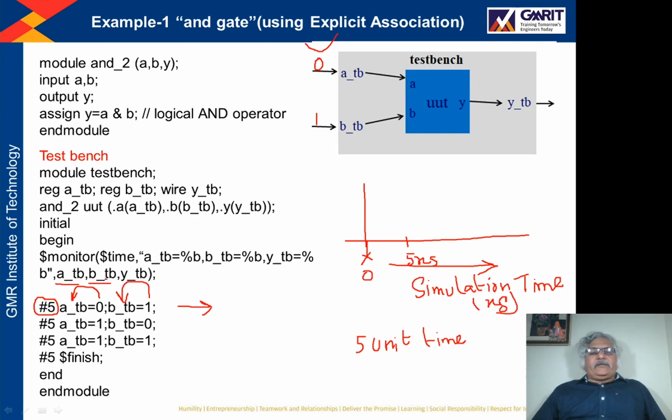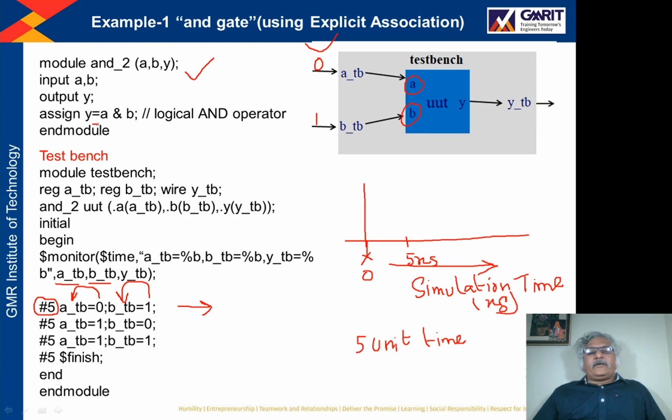If this changes, then whatever the values of a_tv, b_tv and y_tv are, those values will be displayed in the form of a waveform. So if a_tv and b_tv are 0 and 1, the same values are assigned to a and b of the unit under test, which is my AND gate.